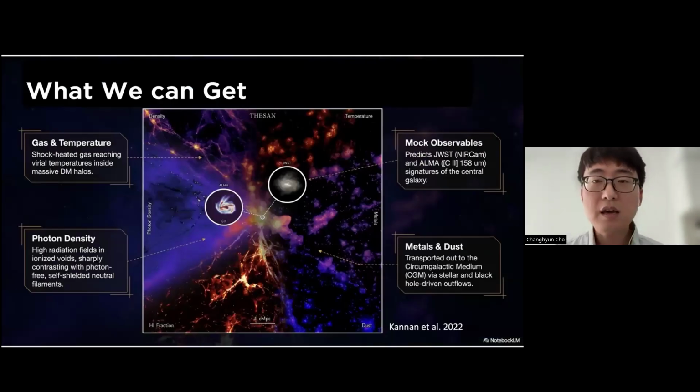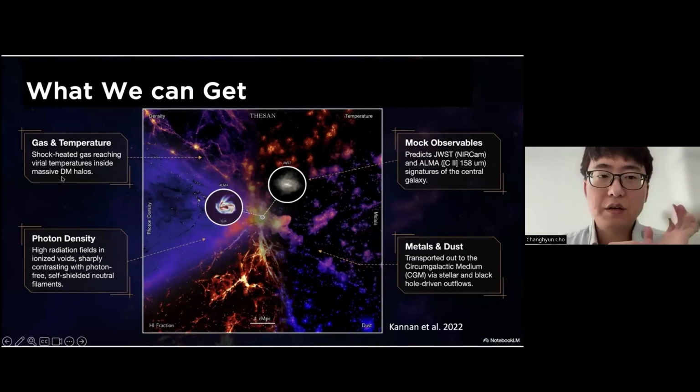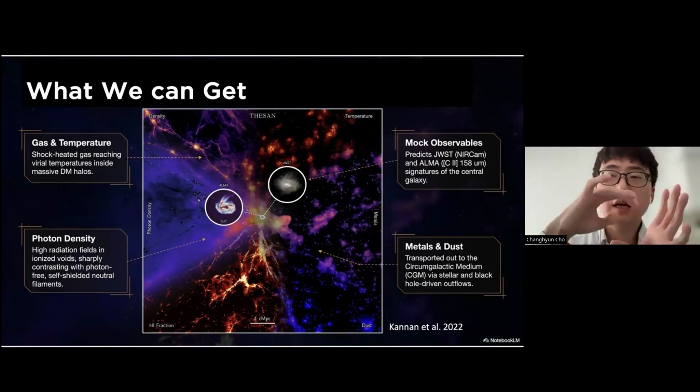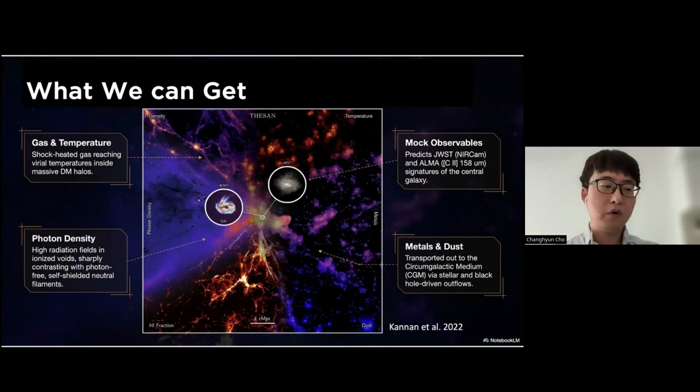Okay, so what can we get from the simulation? First of all, using the gas dynamics, we can get the gas information: gas temperature, gas density, and gas metallicity. And at the same time, we can get the star formation rate. So if you are studying the interstellar medium or the circumgalactic medium, then maybe you can consider using this gas particle data.